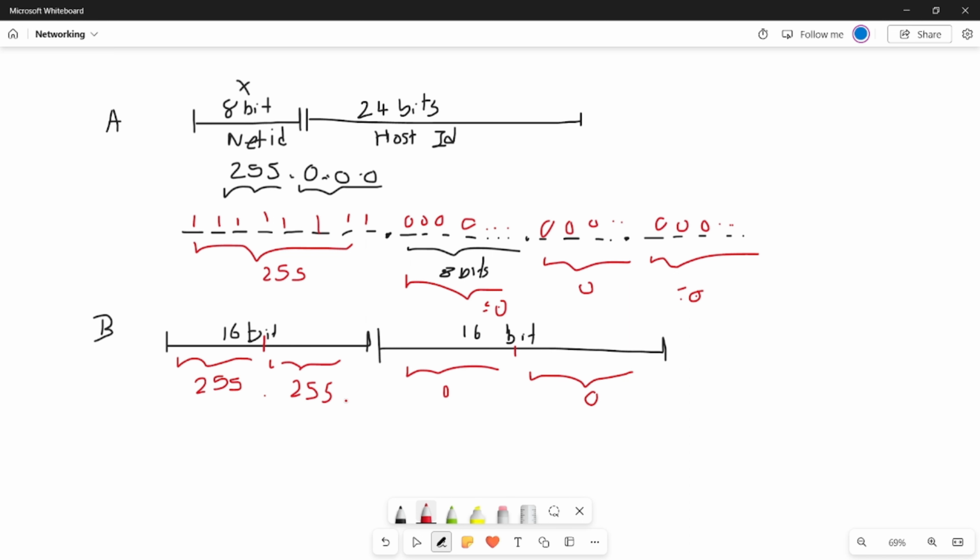So basically the subnet mask indicates what are the IDs you can use for host and what are the IDs that you can use for network.